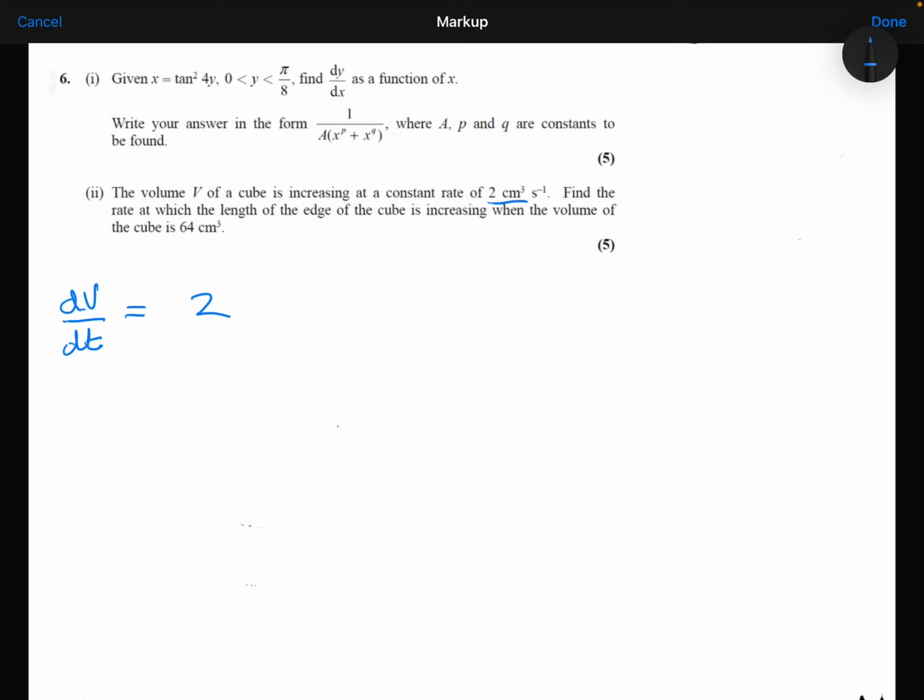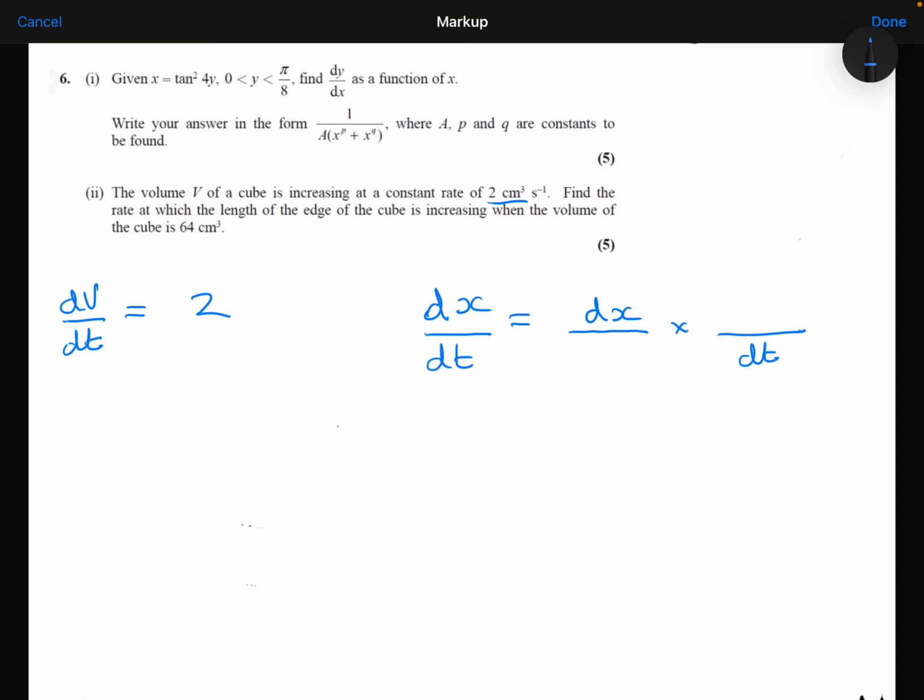So I want the rate at which the length, so if I say that the length of the cube is x, I want to find dx by dt. Right, connecting the rates of change here then, I can say that this is going to be dx by something times something by dt.